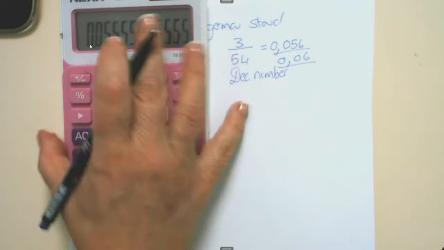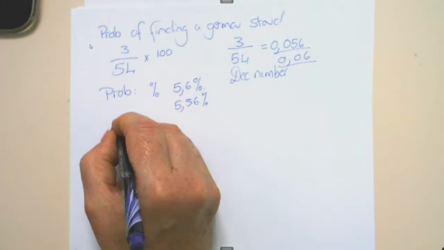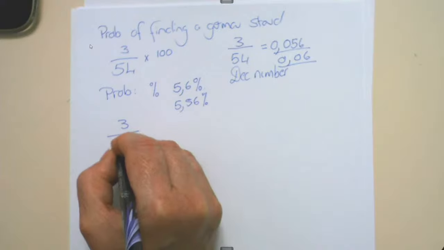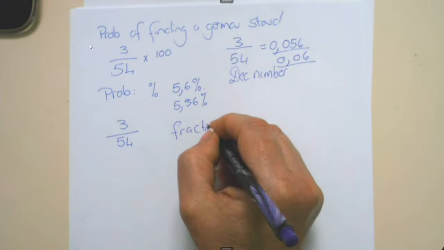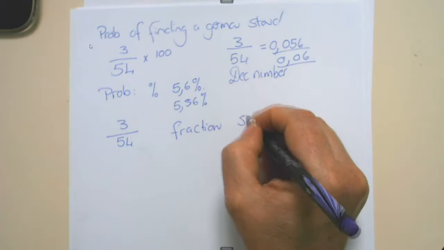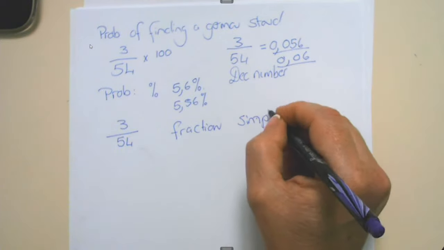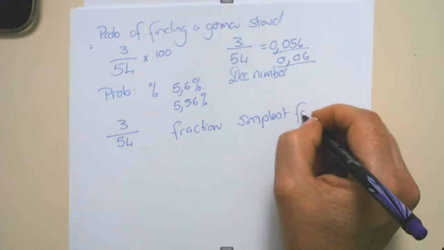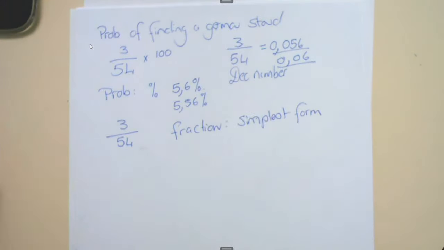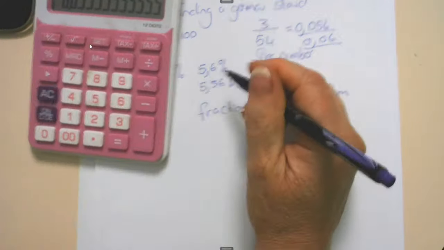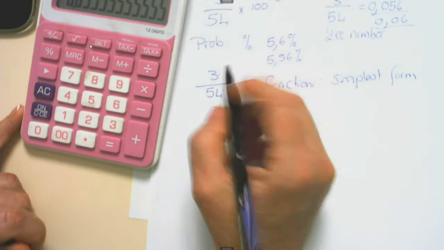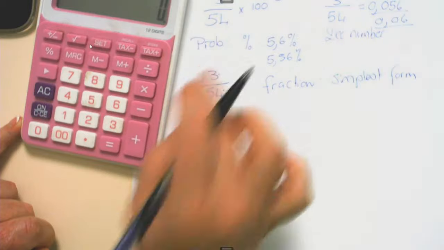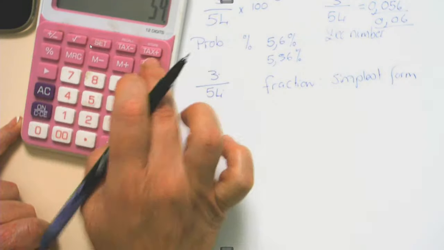Okay. The other thing that they can do is they can say, give it as a fraction in the simplest form. So what you can do then is, I always first check the small number and the bigger number. Can 54 maybe be divided by 3? 54 divided by 3.